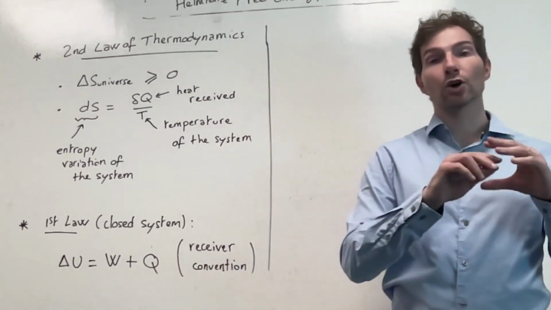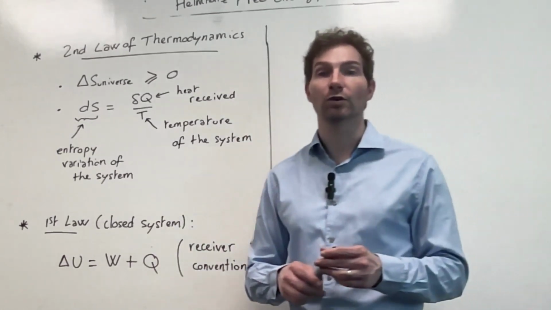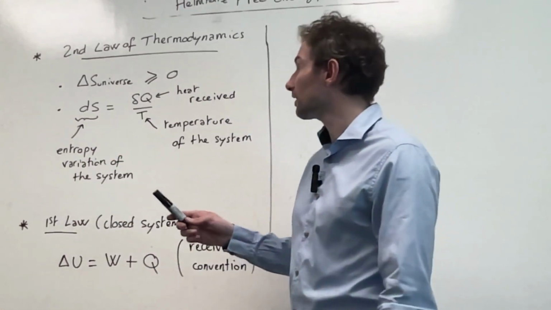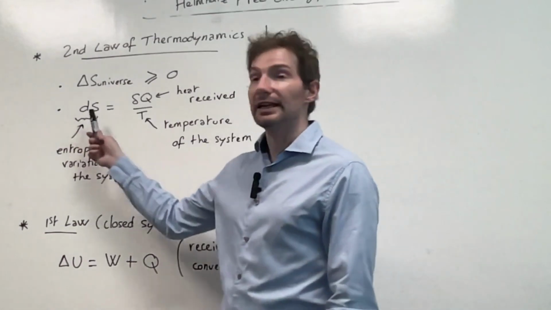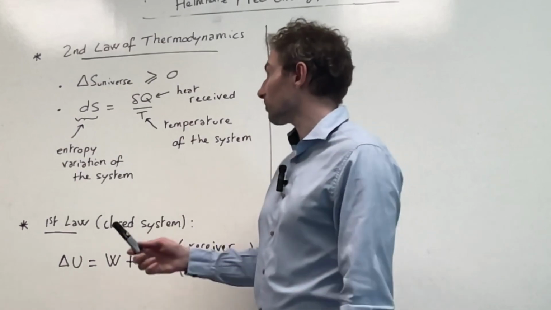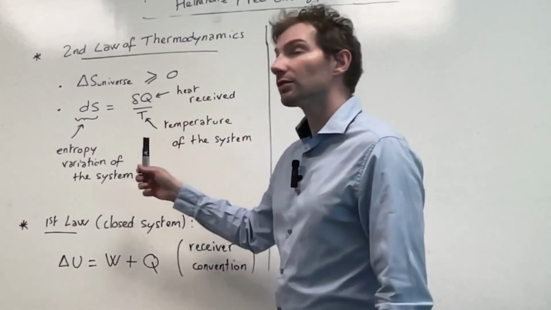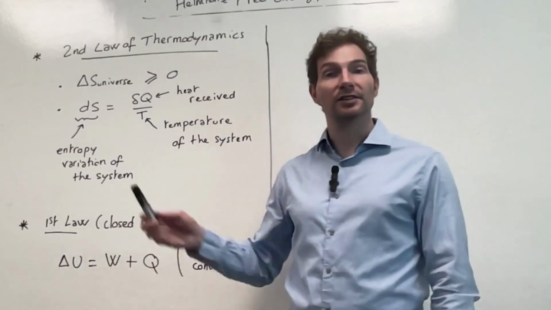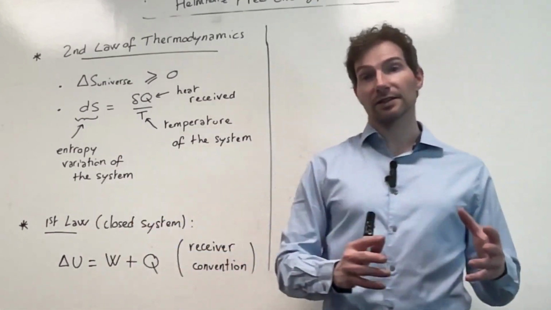And then there is a quantitative feature or property, which was stated by Clausius, and basically says that the elementary variation of the entropy of the system is equal to the heat received by that system divided by the temperature of that system.